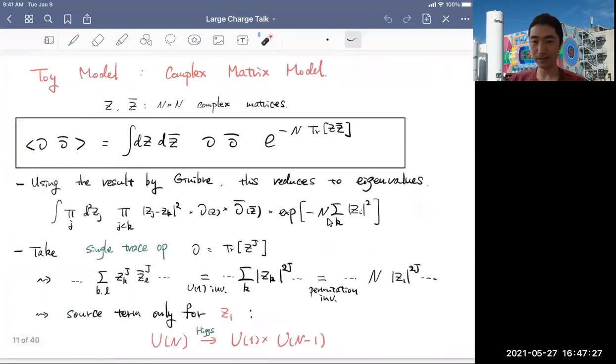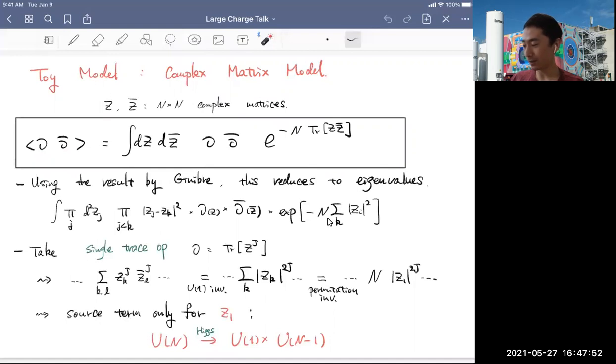So let's consider the simplest toy model, the complex matrix model, which is a zero-dimensional field theory. We have a complex scalar, Z and Z bar, and I'm going to consider the two-point function of some operator O, which I assume is always made out of Z, and O bar is made out of Z bar.